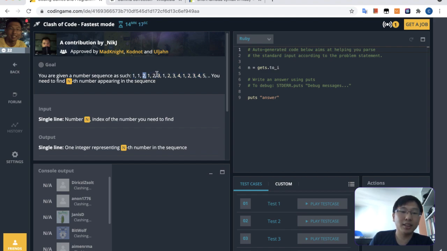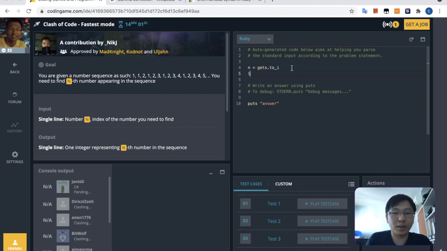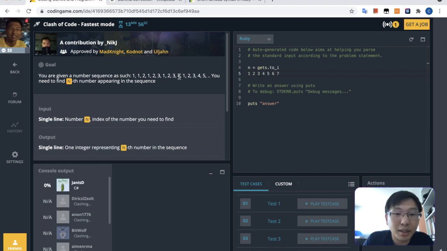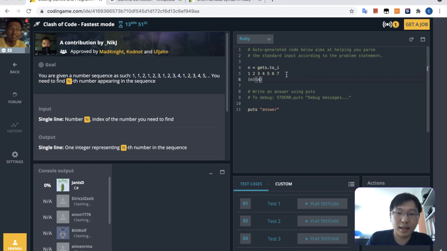Over here, you can actually just count by like 1, 2, 4, 5, 6, 7, 8, 9, 10, 11. So the last number here will be of the form n plus 1 divided by 2, and then you will know that the number at the back will be like 1 plus 2.